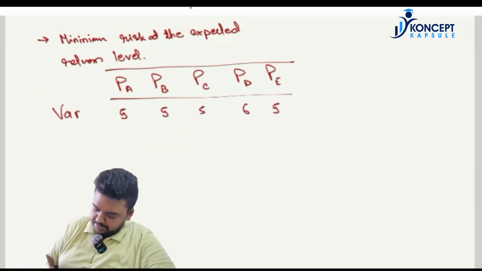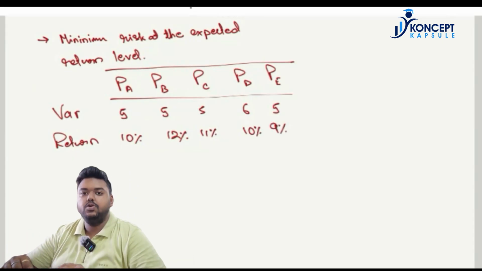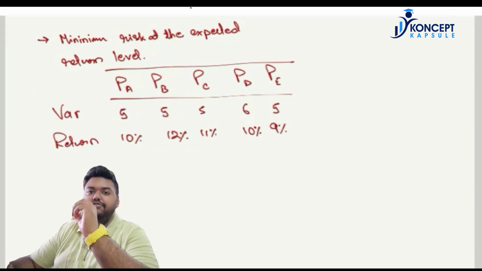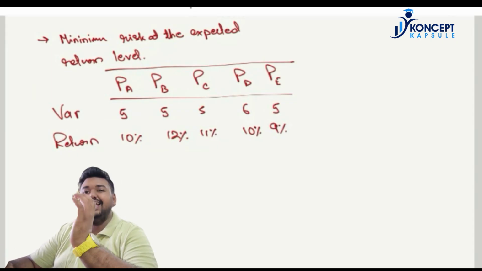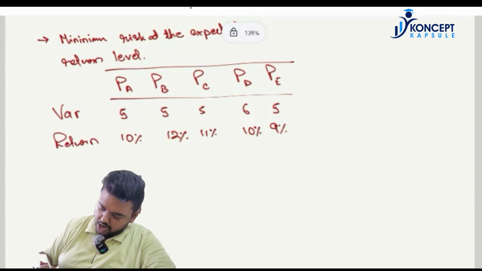Suppose the expected return is 10%, 12%, 11%, 10%, 9%. So in this entire table, what we have to see is the minimum risk at an expected level of return.